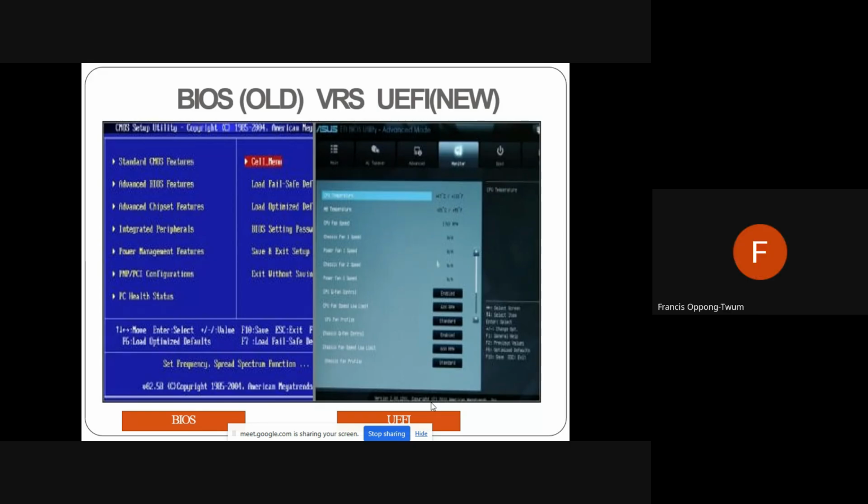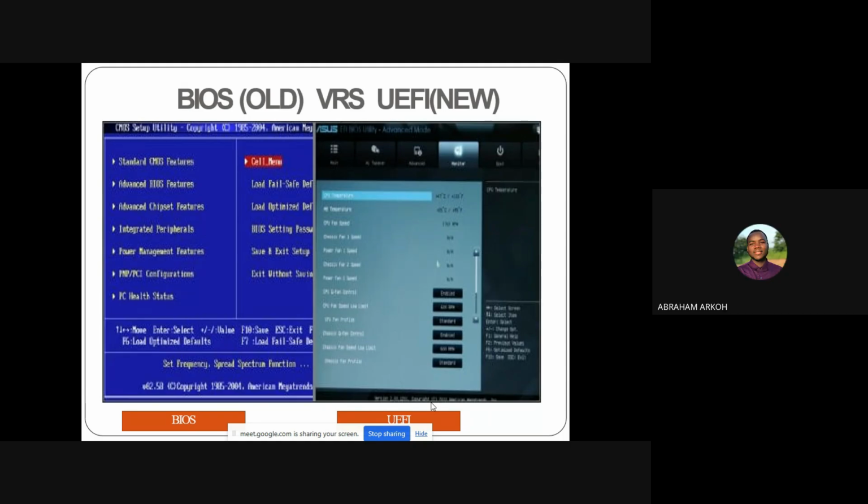I don't know if I've been able to explain it to you well. Should I get it that UEFI is a type of BIOS that has deeper options than the old BIOS? It's the current BIOS that we have in the market.